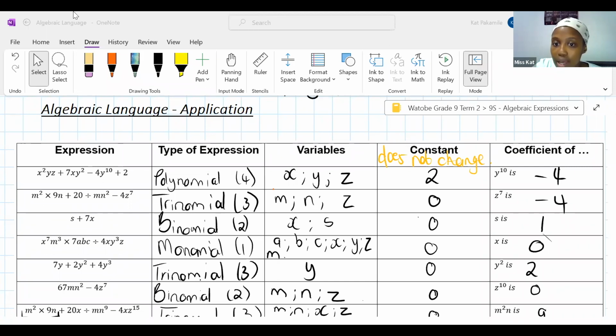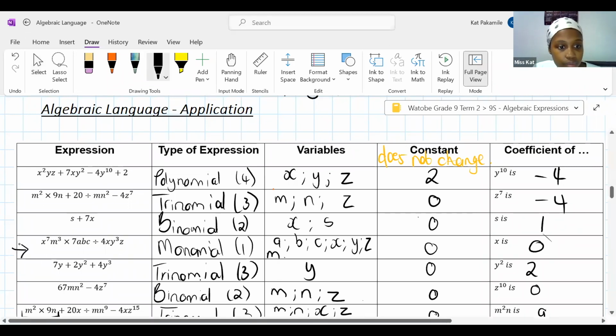Jonathan, I saw you said you don't understand either. Hello, ma'am. I'm on number 4, x to the power 7. Yes, that one, ma'am. Isn't it supposed to be a binomial? What separates terms, Jonathan? Remind us.